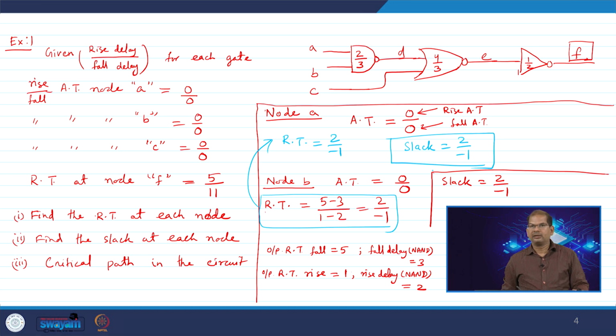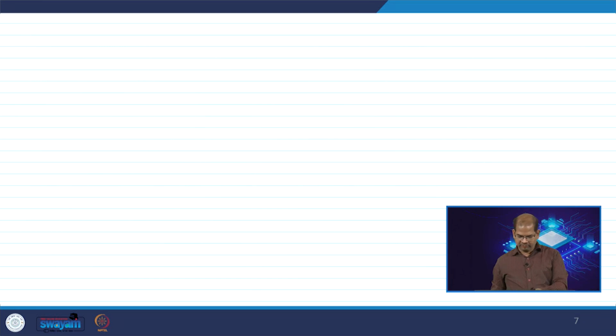So, now I need to draw the final diagram. I need to find the final circuit with all the slacks. So, I have basically this one.